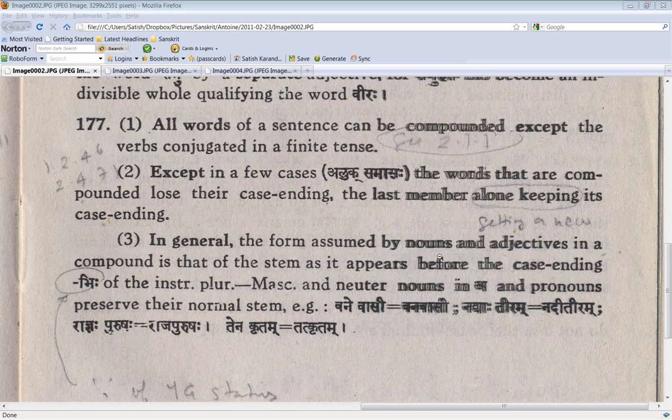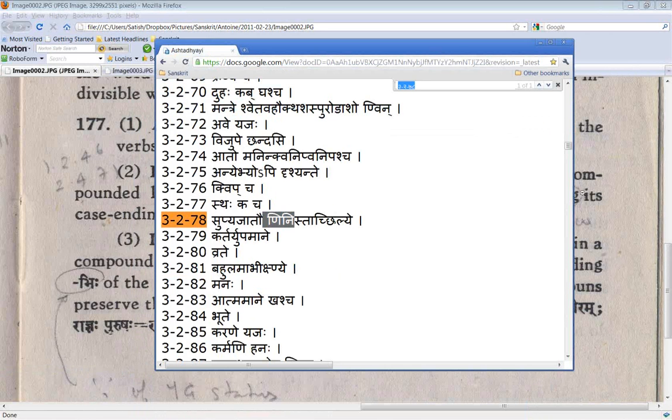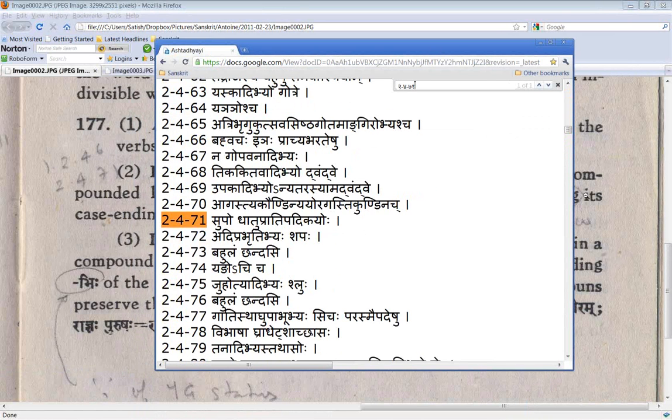So that 2471, which we are talking about, the supo dhatu pradibhidikayoho luk syat, that sutram 2471 is a general rule. This is any sup in a dhatu or in our case a pratipadikam will take the luk elision. But in 631, Panini starts a section.